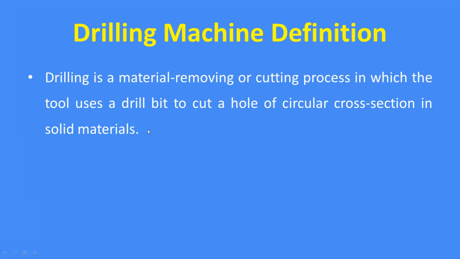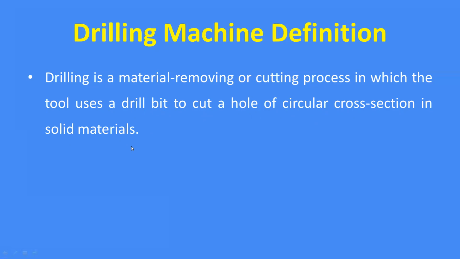So the first point is that it is a material removal or cutting process. How is it used? It is using a tool, the tool we call a drill bit. Why is it used? To cut a hole of circular cross section. Where is it used? In case of solid materials.